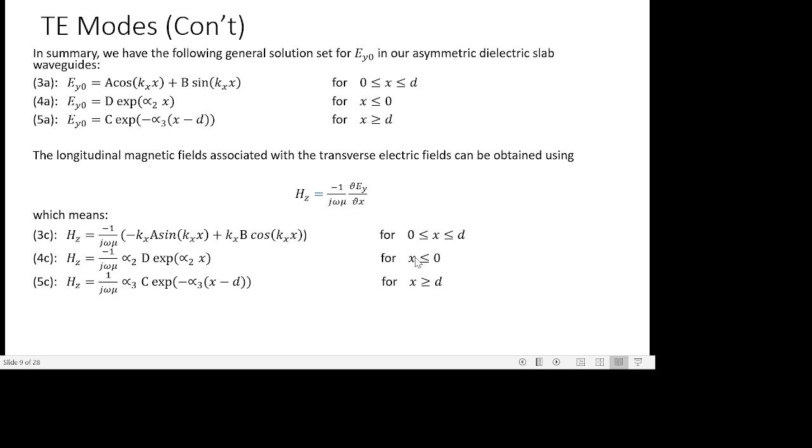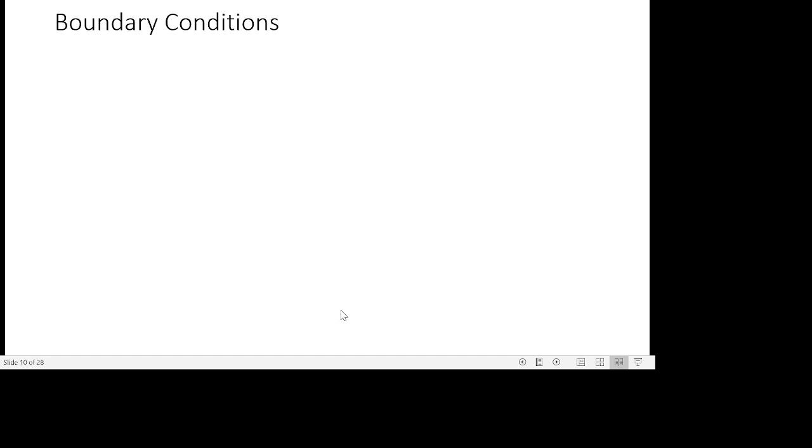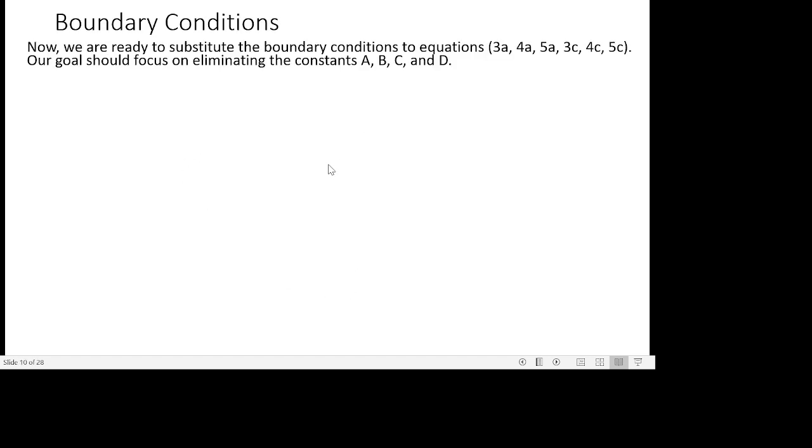This means we are going to substitute x equal to 0 first. And then we are going to deal with the boundary condition for the upper interface, where x is equal to d. So let's take a look at these slides.